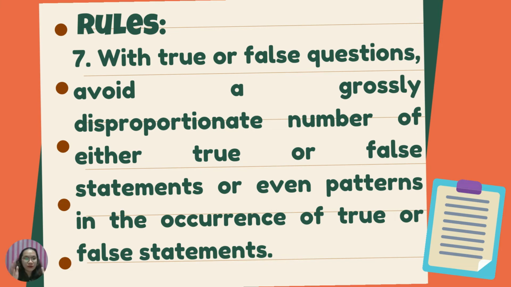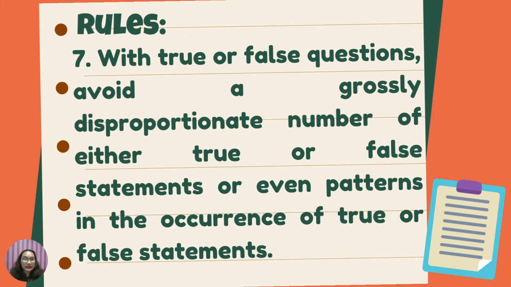Let's put it this way: if we have 5 questions that the answers are true, then there should also be 5 questions that the answer is false. Right? Alright. Those are the rules in constructing a true or false question.